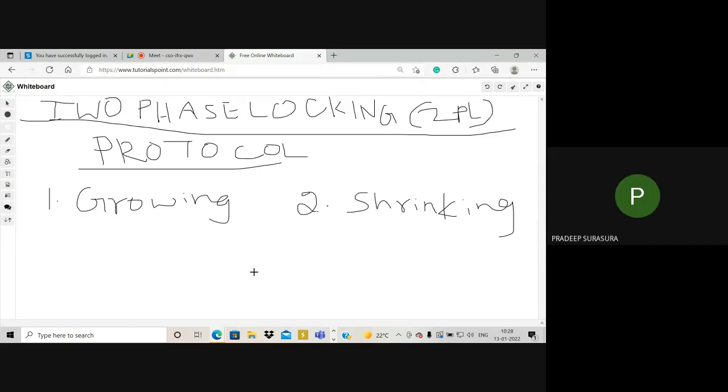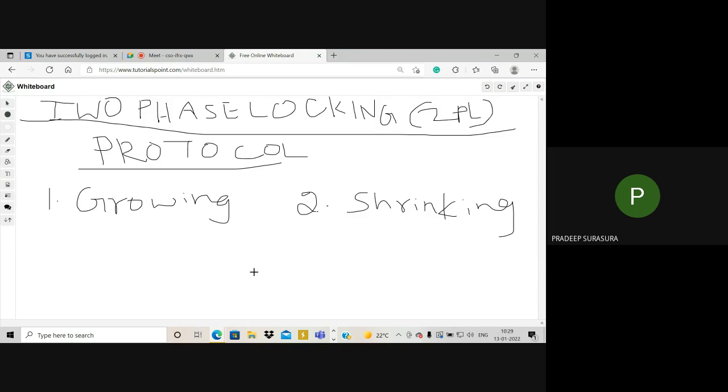Okay, so please understand two phase. Two phase means two steps. One step is growing, the other step is shrinking. Growing phase means acquiring the lock. Shrinking phase means releasing the lock. I'll repeat again. Growing phase means acquiring the lock.